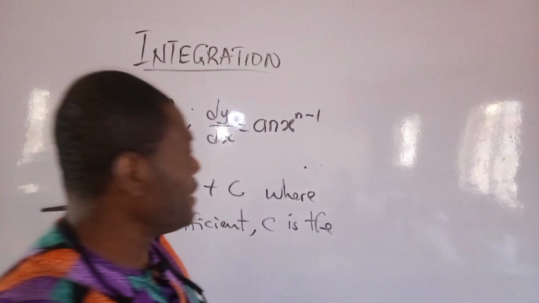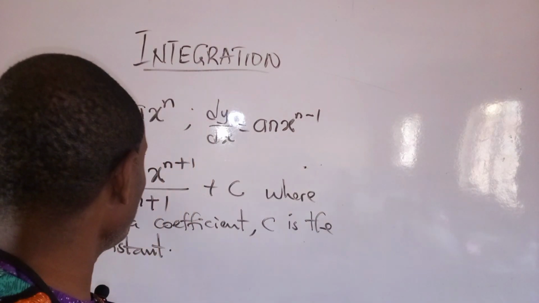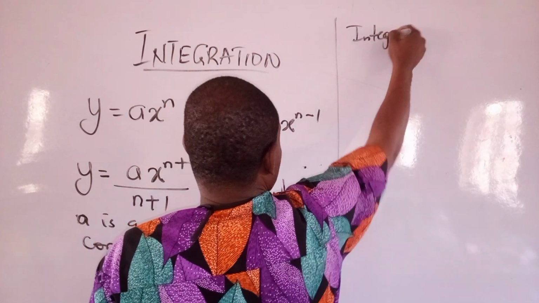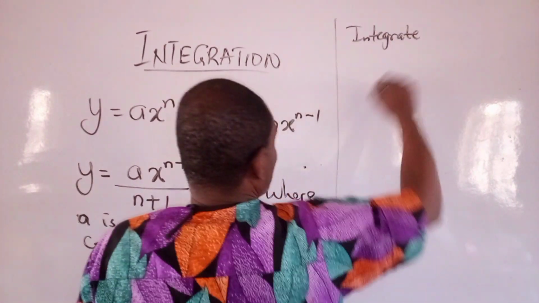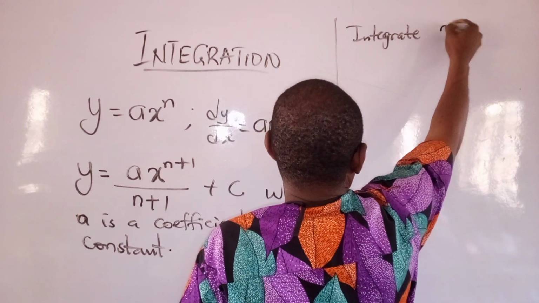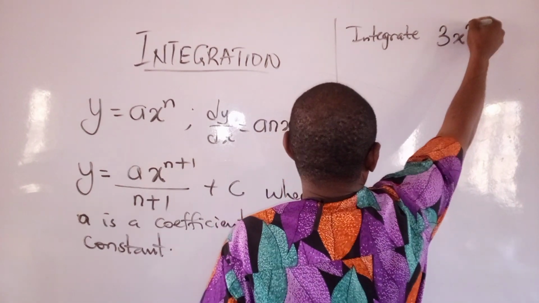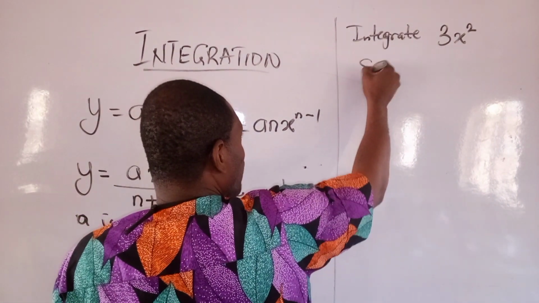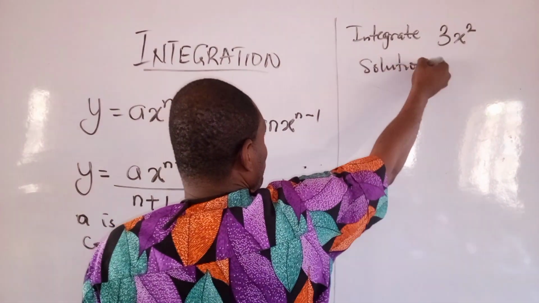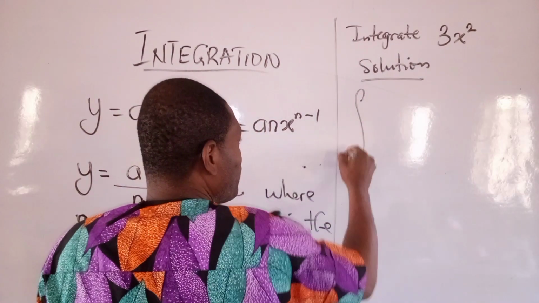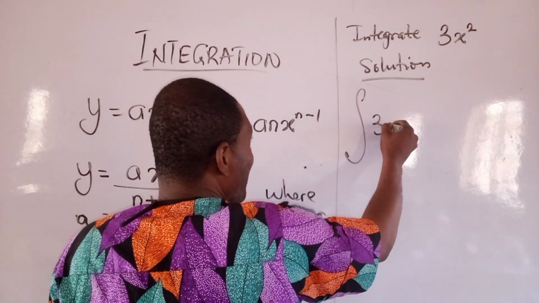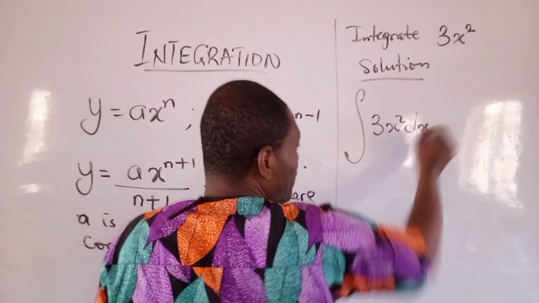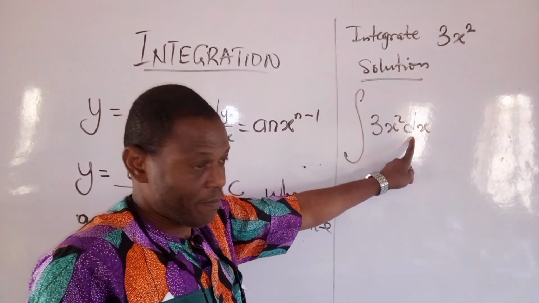So, integrate 3x squared. This can also be interpreted to be the integral of 3x squared, which must also be accompanied with dx.